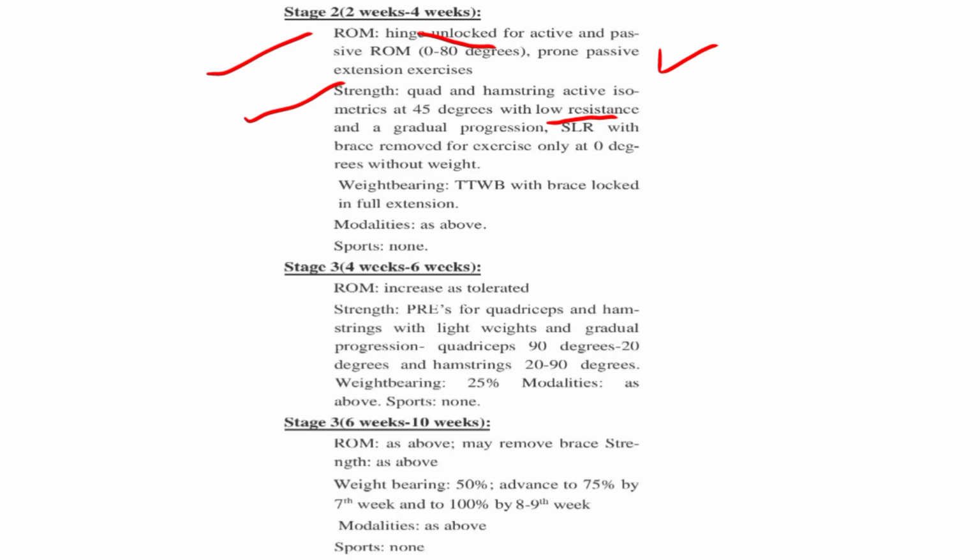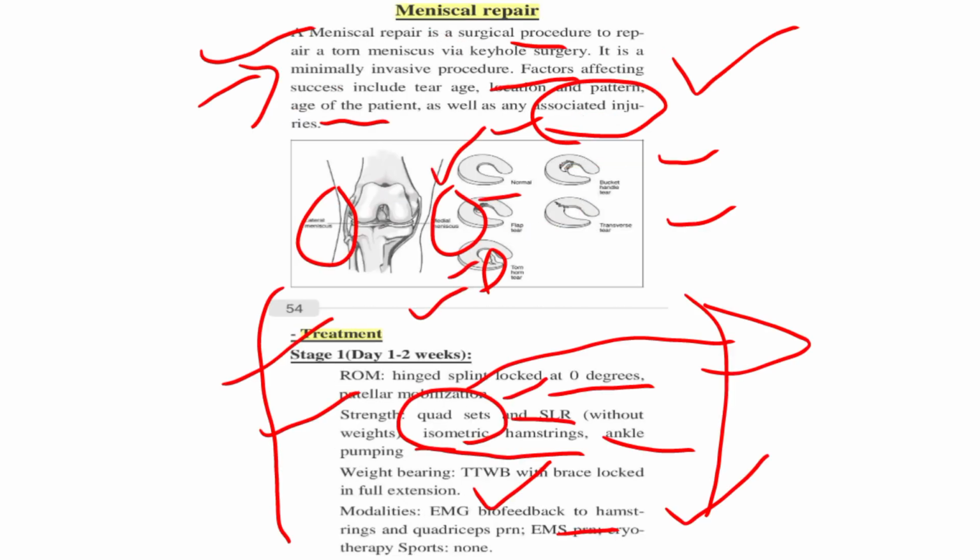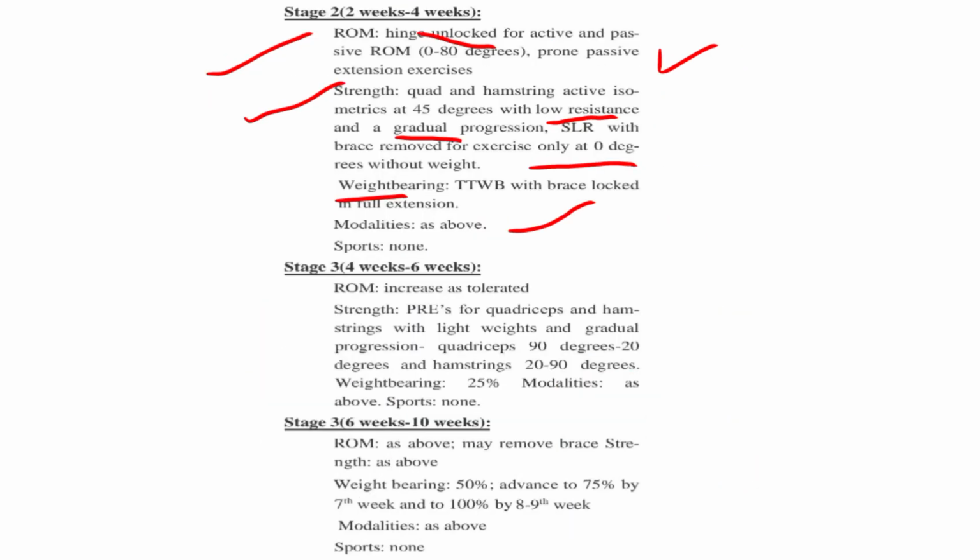It's stage 2, so we go for low resistance and gradual progression. SLR with brace removed for exercise only at 0 degrees without any weight. We can go for weight bearing and modalities as above. We use cryotherapy and EMS, and no sports activity is allowed.